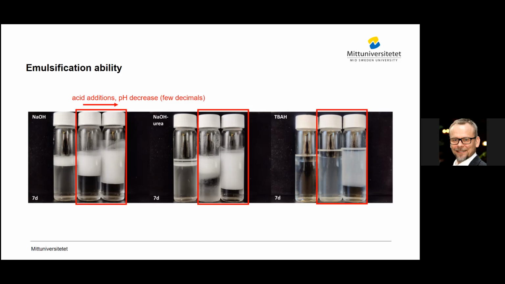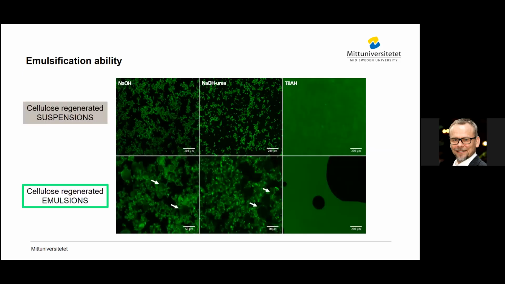We can look at how it looks when you check samples where you don't have any oil on top. You can see polarized microscopy pictures of cellulose that has been regenerated. In TBAH, it's not that easy to see, but you can see it is there also.